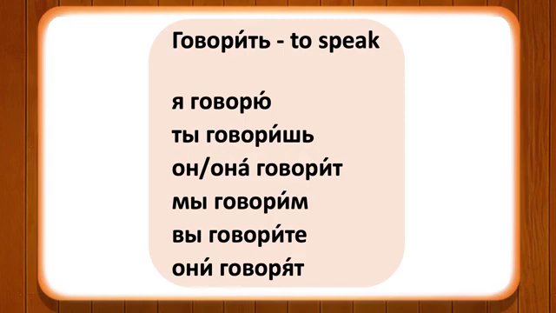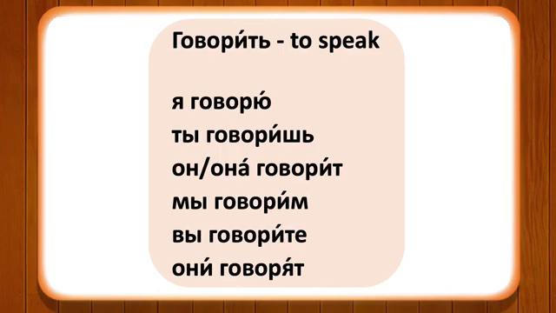So, for the pronoun ya, you take the stem of the word gavar and you add u to it. Then you get the present tense form of the verb which you use with the pronoun ya. Ya gavaryu, which means I speak or I am speaking.